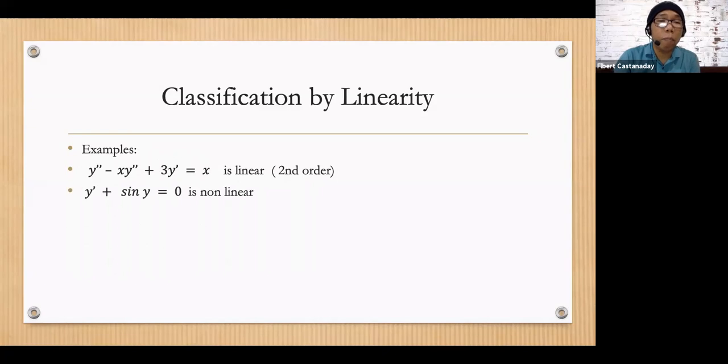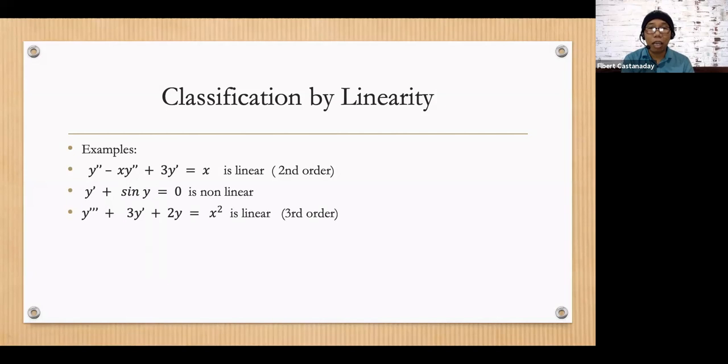Now let's go to the next example: y prime plus sine of y equal to 0. This is non-linear. Why? Because the dependent variable y is involved in a trigonometric function, and sine y is not linear. The next example is y triple prime plus 3y prime plus 2y equals x squared, which is linear.